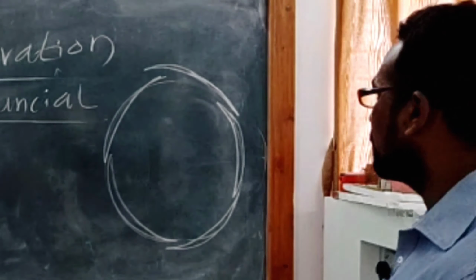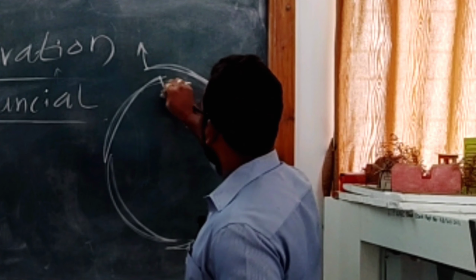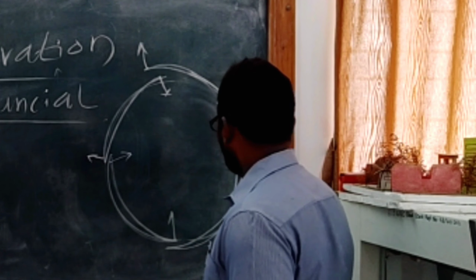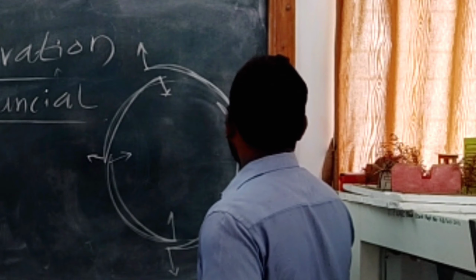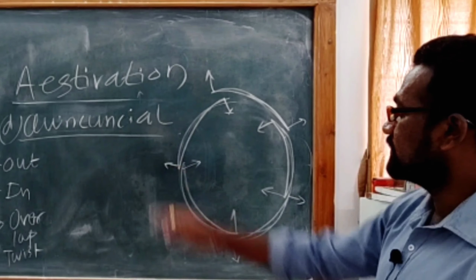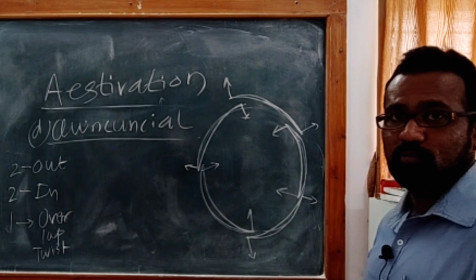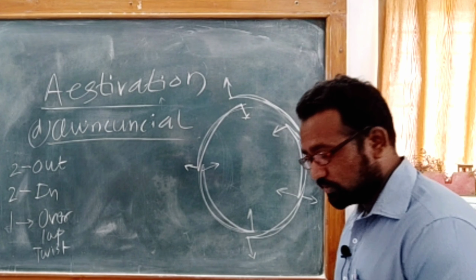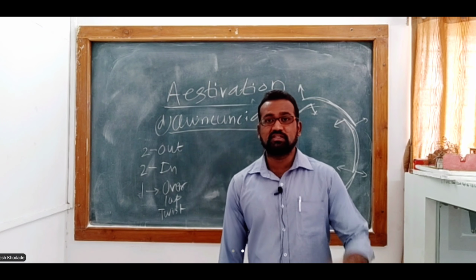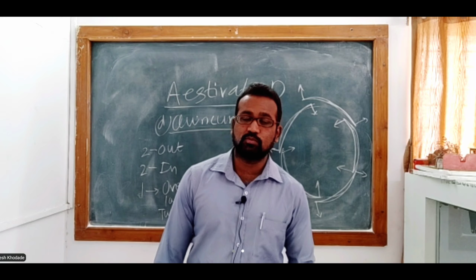So here is a diagram where you have one completely outside, one overlapping, one completely inside, one completely outside, one completely inside. So we have fulfilled the guideline that 2 are outside, 2 are inside, and 1 is overlapping in a twisted fashion. I am sure with this you must have understood the different types of aestivations which you generally face problems in understanding. Here I will stop. In the next lecture we will discuss more about the flowers.